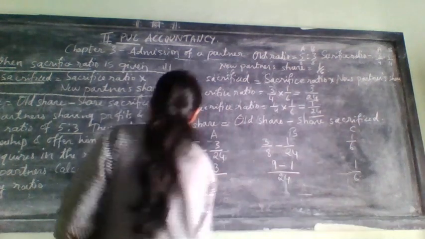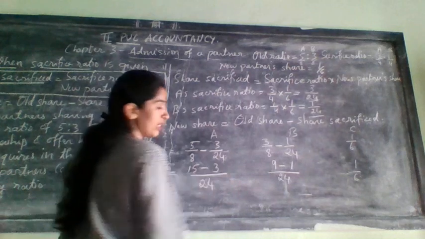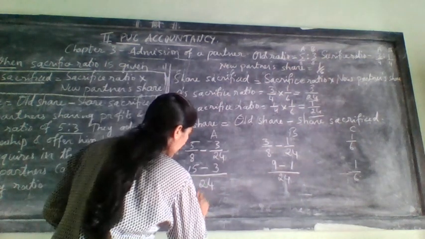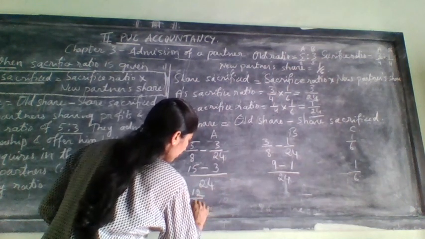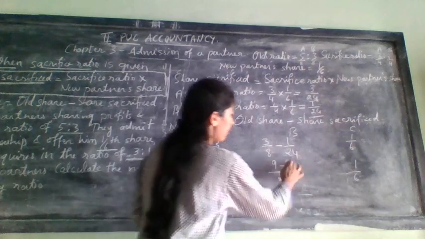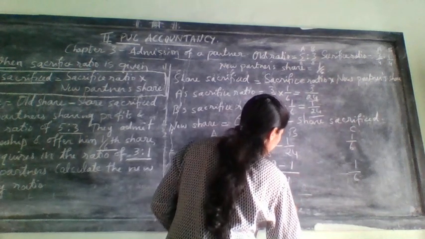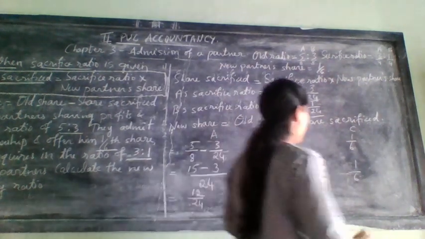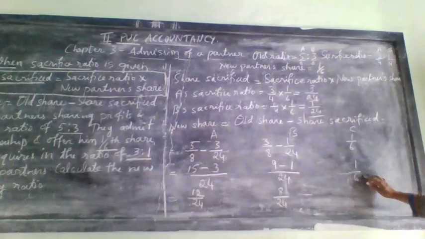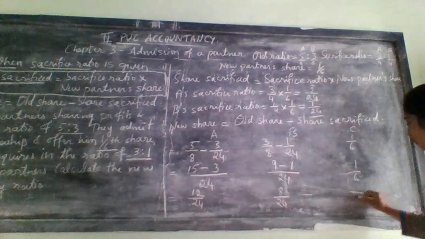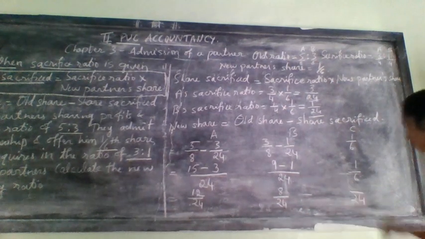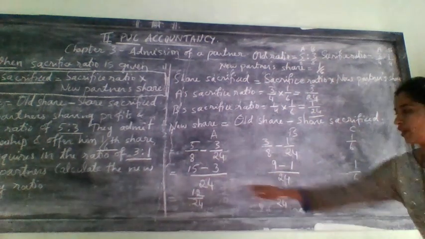Now, you can write here answer 15 minus 3. How much it will come? 12/24. Here it will come 9 minus 1. 8/24. Now, this 6 we need to convert into which one? 24. After converting 24, because these two are in 24 form.